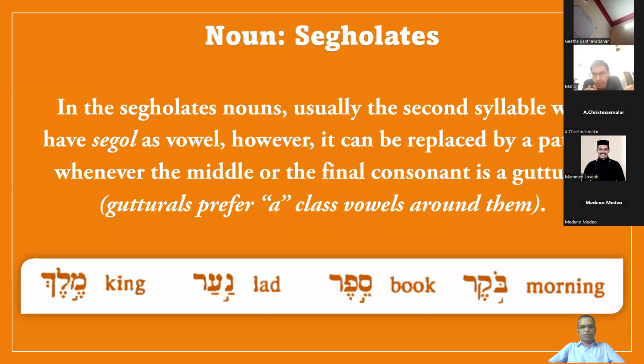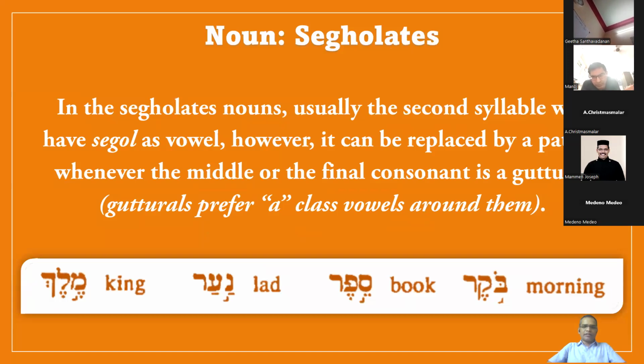Sefer, book. The initial syllable carries munna, with sere, and the second syllable carries segol. Boker, morning. The first syllable is accented, the second syllable carries segol.